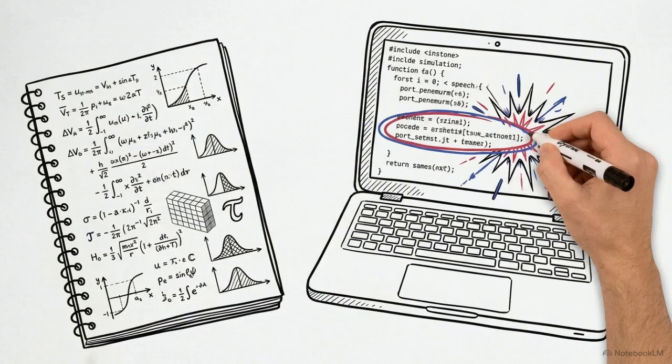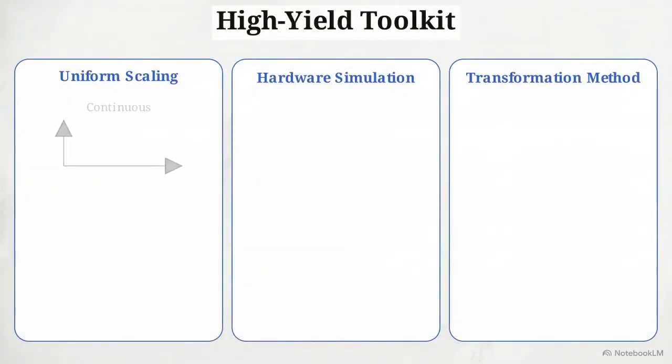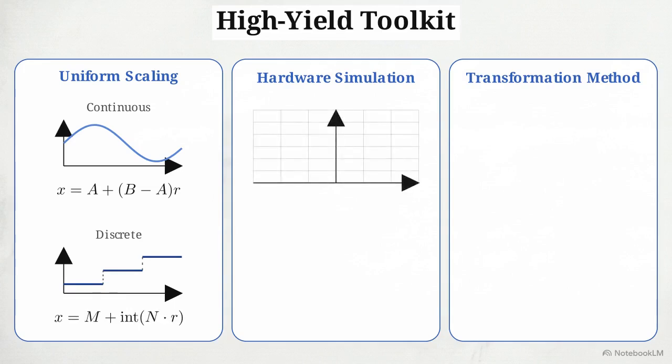Let's consolidate this. For your exams and practical coding sessions, you need to lock down 3 high-yield tools from today's exercises. First, do not drop points on simple uniform scaling. Memorize a plus (b minus a) times r for continuous variables, and m plus the integer of n times r for discrete events. Second, remember that hardware error simulation relies on Gaussian smearing.